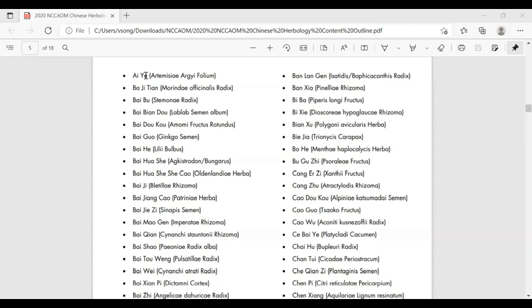The next one, 白豆蔻. When identifying the category, it comes from the aromatic transform damp category.